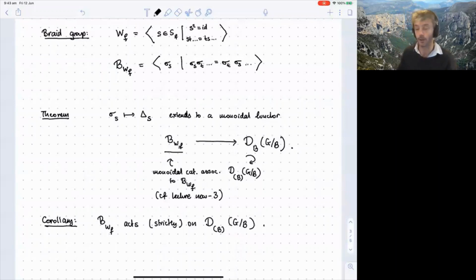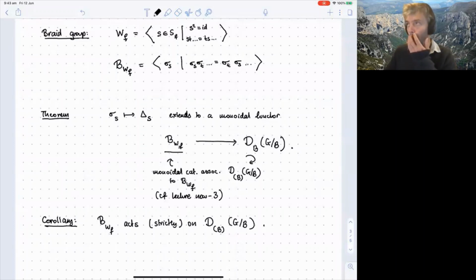So we can use this monoidal functor to get an action. And this is an action that's seen right throughout highest weight theory as translation functors or shuffling functors, or there's many different names and many different incarnations of this.